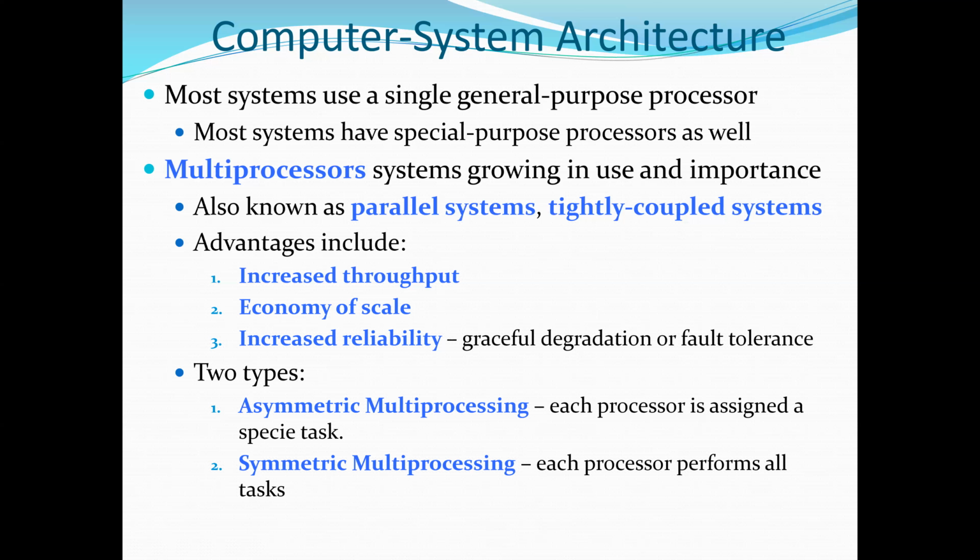The most common multiprocessor systems use symmetric multiprocessing. Here, each processor performs all the tasks, including the operating system functions and also the user processes.